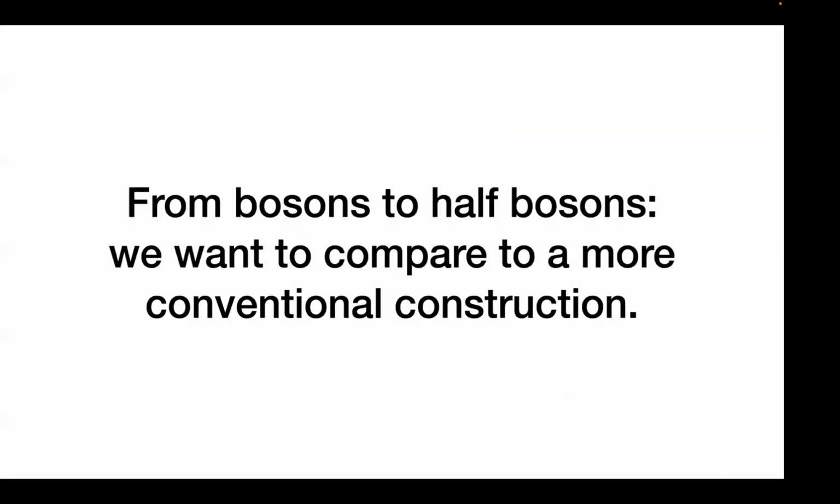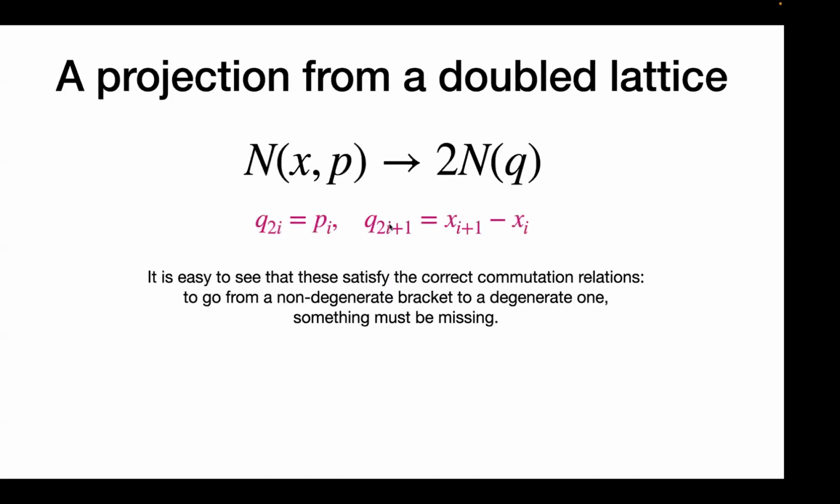Okay. So once you have this statement that you have a non-invertible symmetry, you want to see if you can build the half bosons from a regular boson and try to understand what that non-invertible symmetry is in a more conventional setting. So I want to rebuild this commutator algebra from a regular boson. The idea is that if you have n bosons, then you have n x's and n p's, and from n x's and n p's, you can build 2n variables, so that's 2n q's.